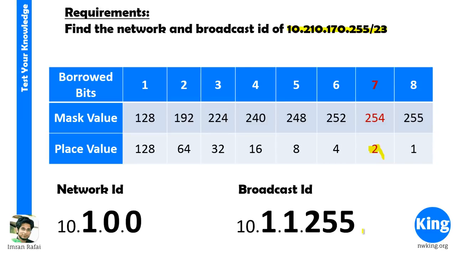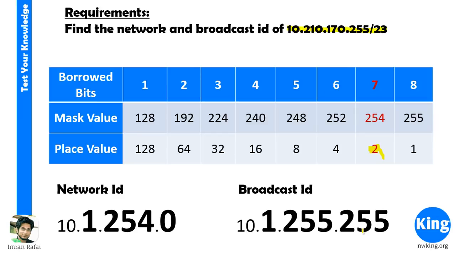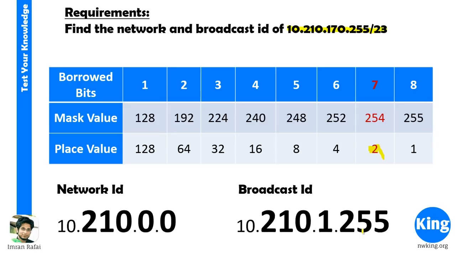Similar concept happens here. So again it goes 10.1.2.0, 1.4.0, 1.8, it goes on to 1.254.0. Again, if you add 2 more, it becomes 10.2.0.0 and goes on and on and on until it reaches 10.210.0.0.